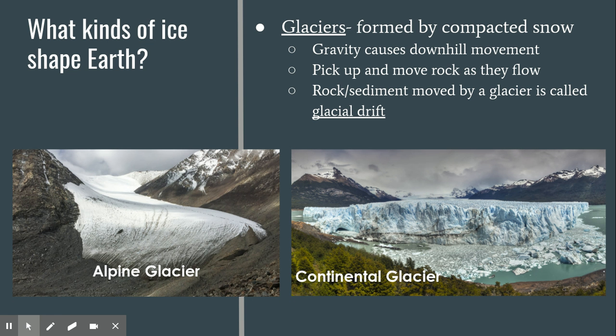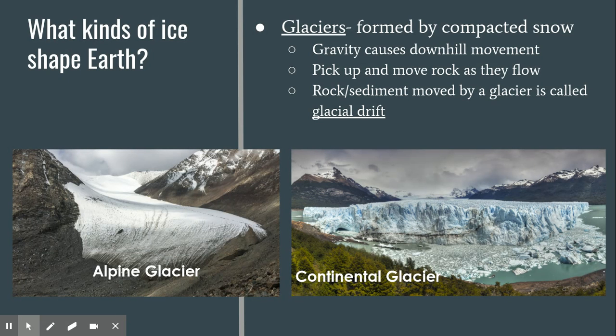There's two different kinds of glaciers here. The one here on the left is called an alpine glacier. Alpine glaciers form high up in the mountains, and usually you'll see them flowing in between those mountain peaks. Continental glaciers are those big, huge glaciers that we picture covering Greenland or Antarctica.